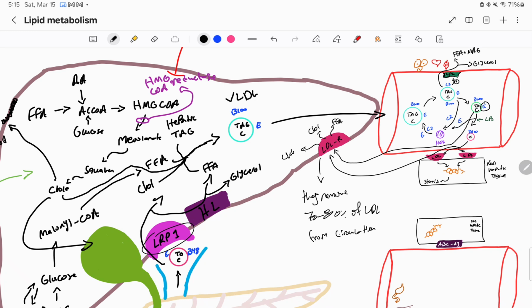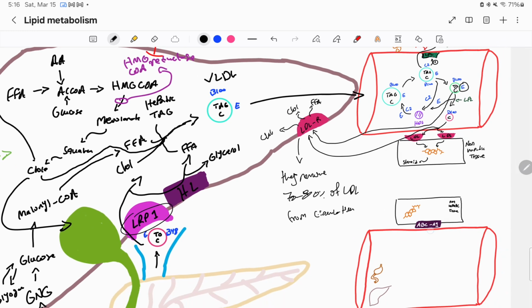On the other hand, phytosterols and soluble fibers have been known to increase the number of LDL receptors on the liver, meaning more clearance of LDL, meaning less chance of developing atherosclerosis and cardiovascular disease.